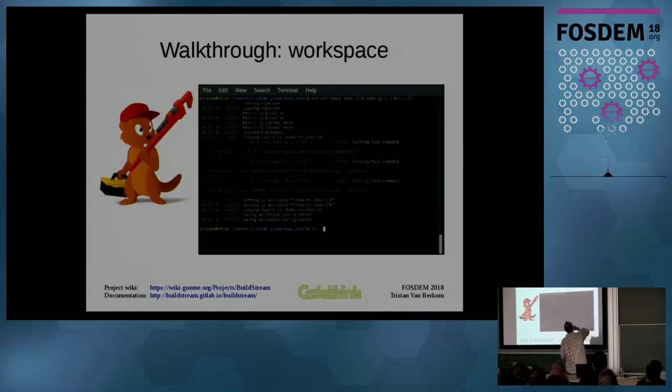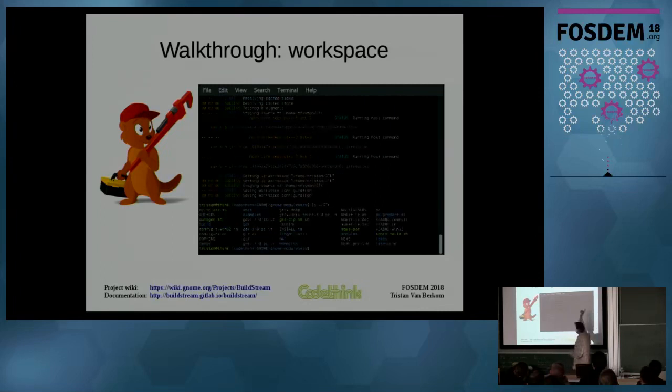So gtk3.bst is a file which defines how to build GTK and stuff about GTK. And here I've basically checked it out at exactly the version that I was going to use to build according to this project data, and now I have all the source code inside.